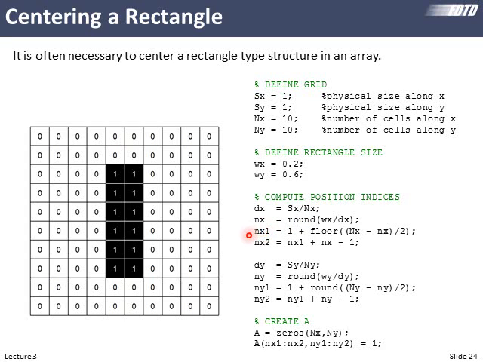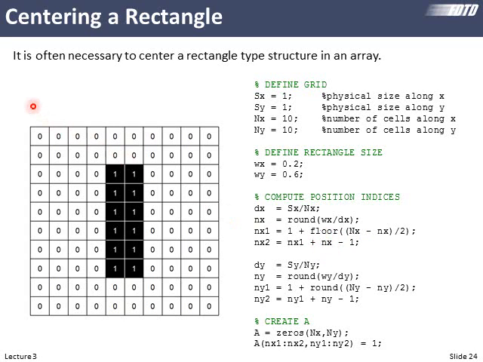Once we know that, our stop index is simple. It's our start index plus the number of cells wide our rectangle is minus 1. This minus 1 is actually pretty important. If we didn't put that here, we would be one cell off. For example, right here we have little nx is 2 cells wide.